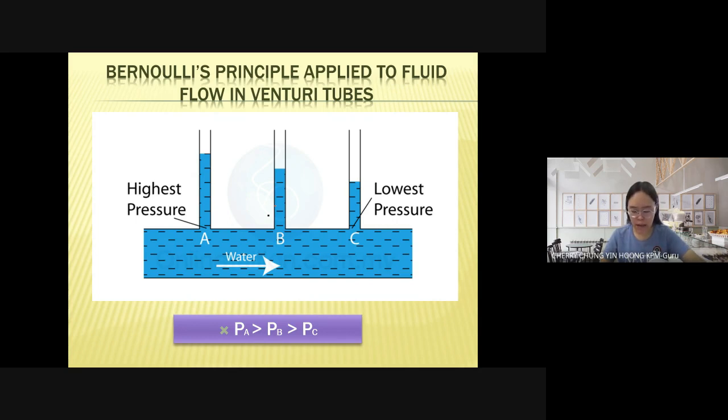Okay, next, the second activity. Hold a piece of paper as shown. Blow steadily above the paper.